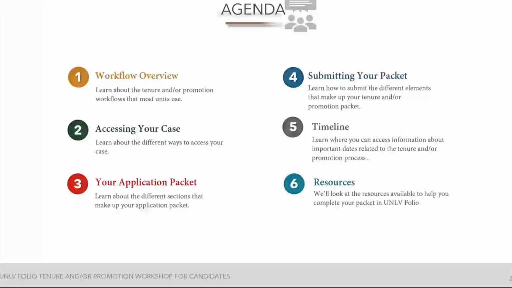We'll go over the different sections that make up your application packet. We'll learn how to submit the different elements of your tenure and or promotion packet. We'll go over where you can find important dates, key dates that are related to this process. And then lastly, we'll go over resources available to you for UNLV Folio.